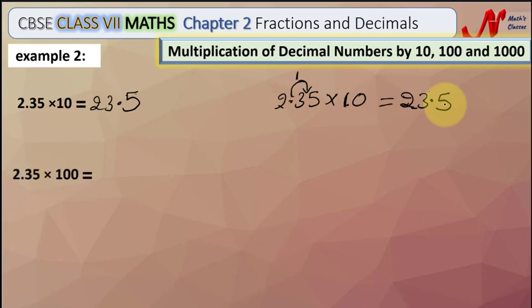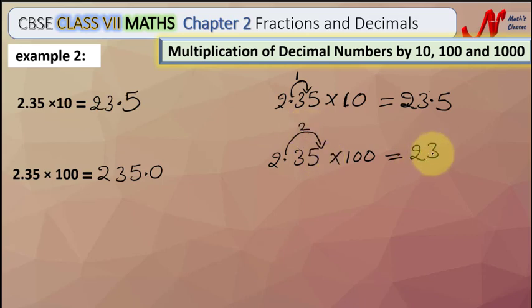Next example, we multiply 2.35 with 100, so it can be written as 235.0, because in 100 we have 2 zeros, so we shift the decimal point 2 places to the right, so it can be written as 235.0.